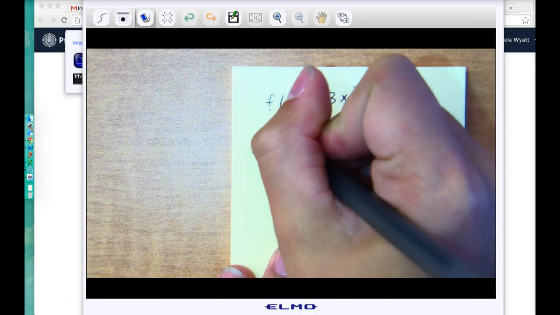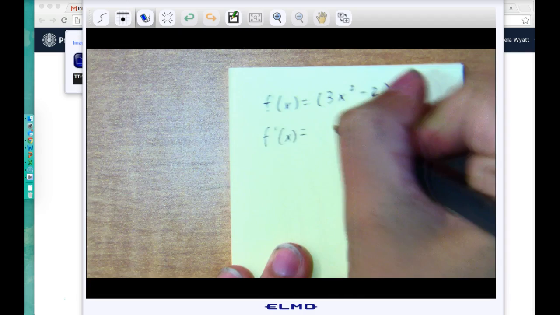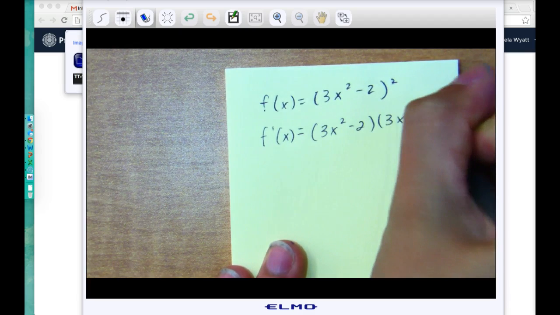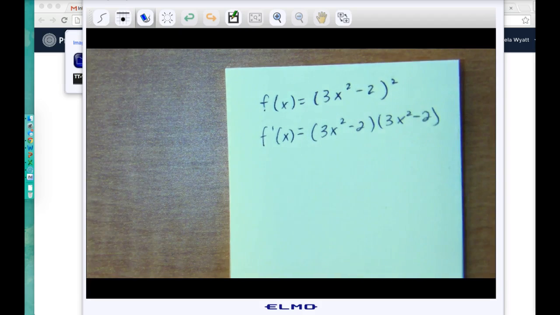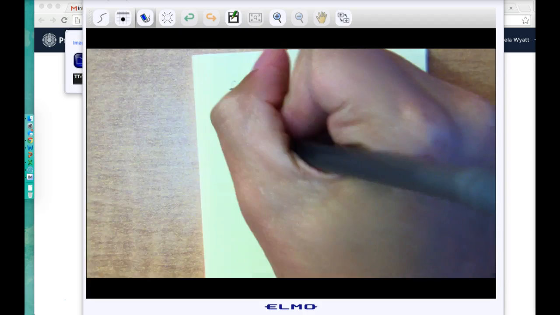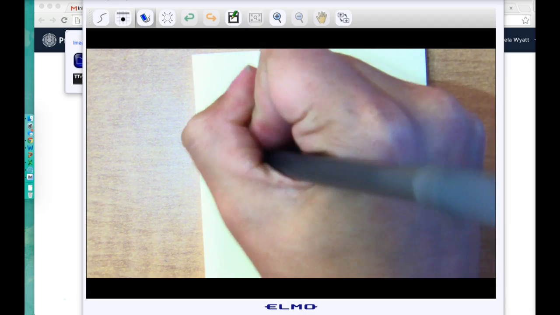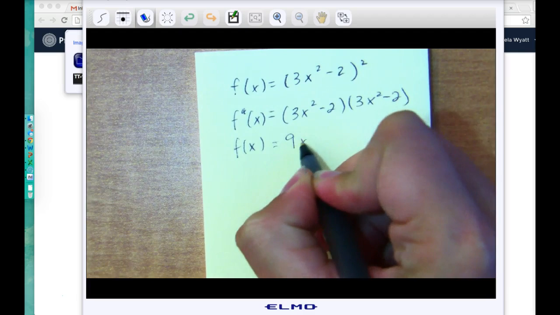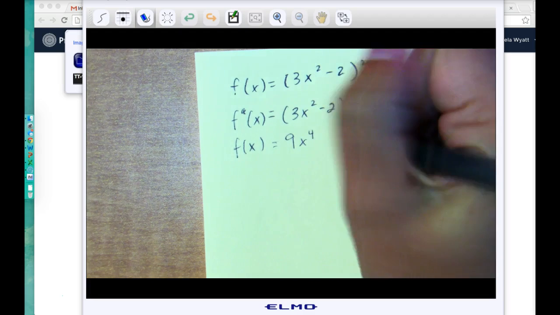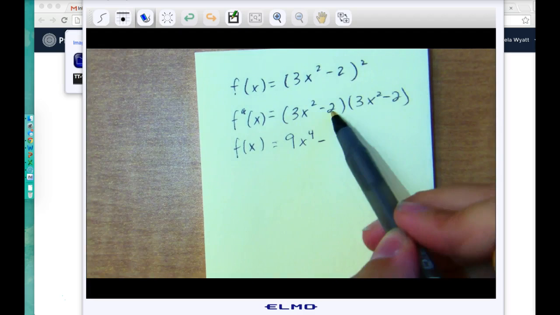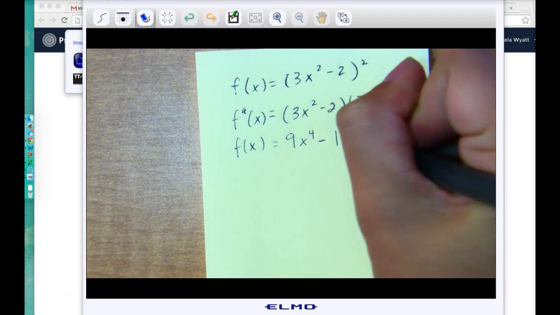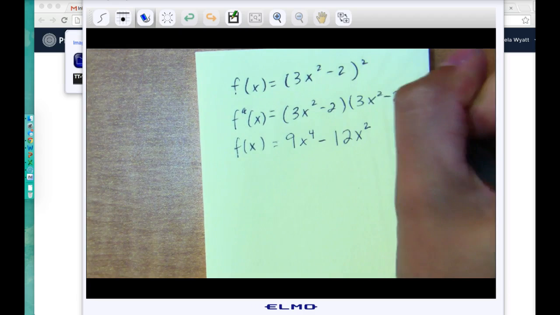But to take f prime of x, I would take 3x squared minus 2 times 3x squared minus 2, so that it's in a form that I recognize. So really I'm taking the derivative of a 9x to the 4th minus 9 times, or 3 times 2 is going to be 6, I'll have 2 of those, so minus a 12x squared plus 4.